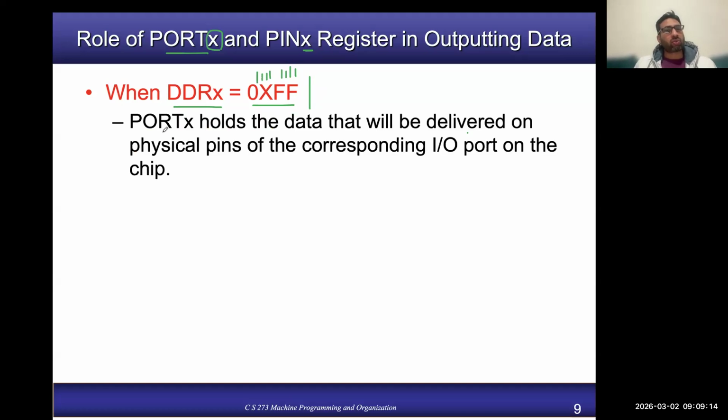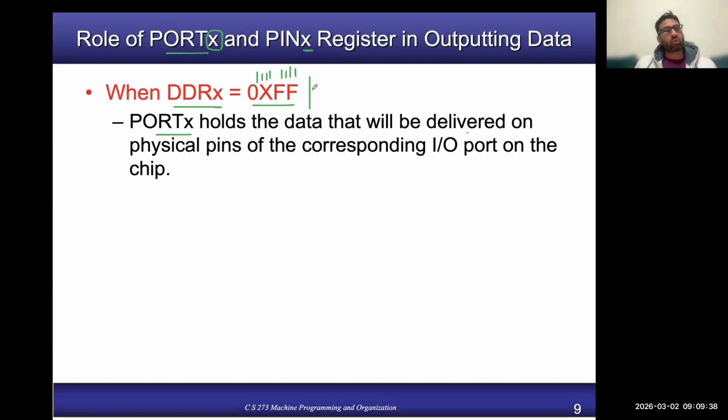In that case, your PORTX register will hold the data that will be delivered. In this port register, you will place the data that you want to place on the output pins, physically. So your program simply needs to write the data into this port.